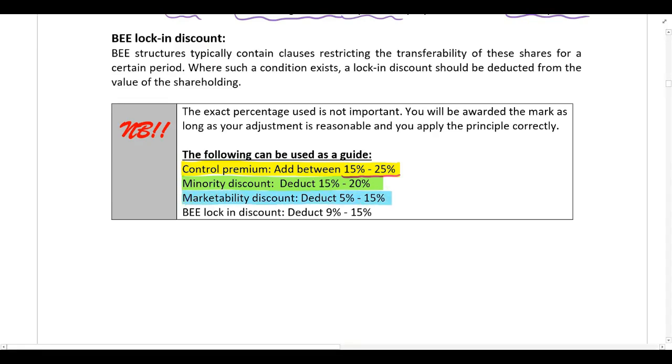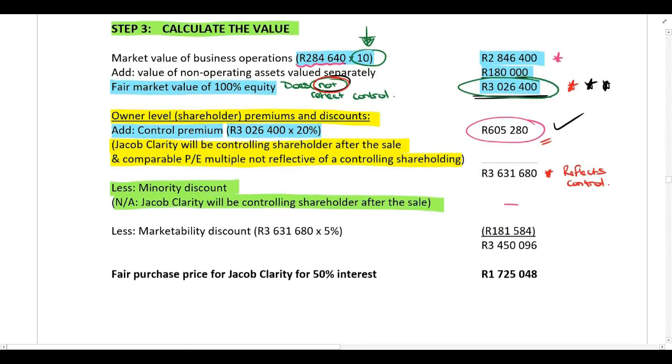You can deduct anything between 5 and 15%. So if we look at our example, we are valuing a Pty Limited. So because the company is private and it's not listed, the shares are more difficult to sell, so we should deduct a marketability discount. And I'm just deducting a discount of 5%.